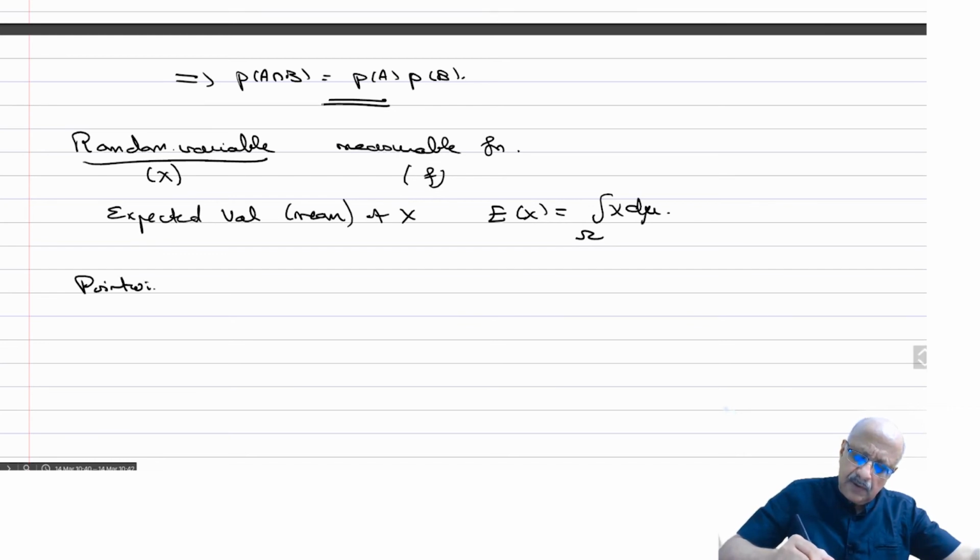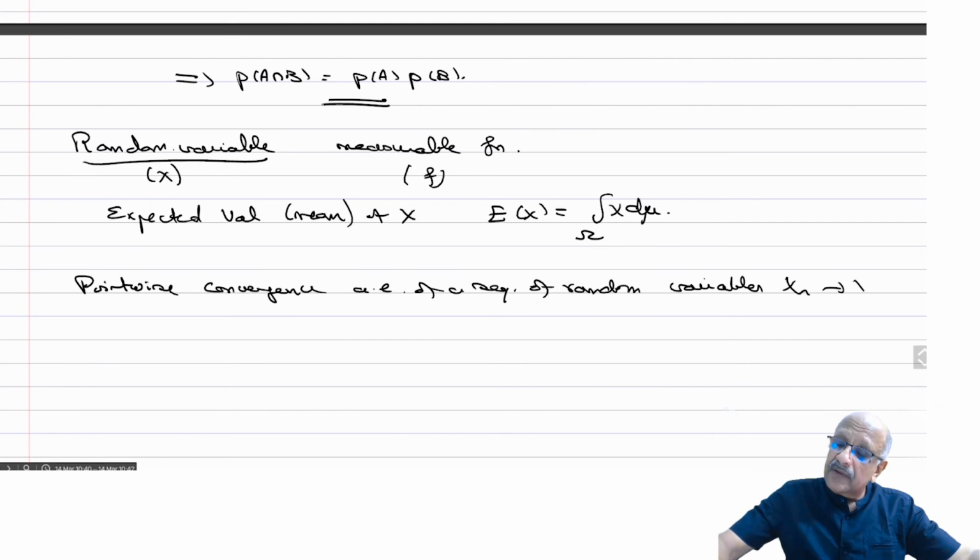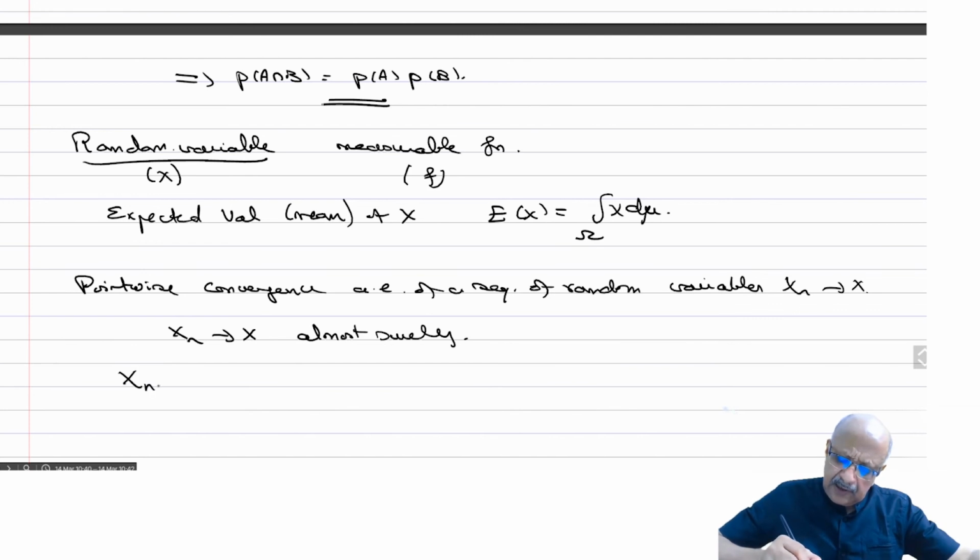Pointwise convergence almost everywhere of a sequence of random variables X_n to X, then we say X_n converges to X almost surely. If X_n converges to X in measure, then we say X_n converges to X in probability.